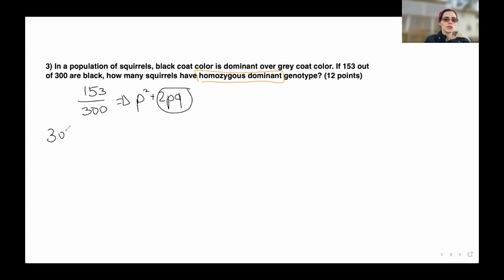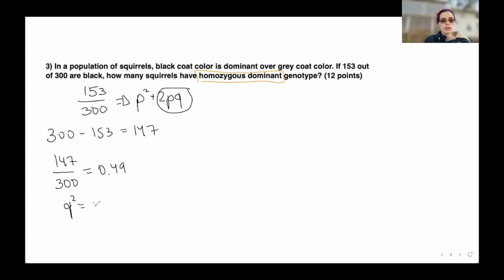So 300 minus 153 is 147. And then 147 out of 300 would be 0.49. That is actually our q squared.